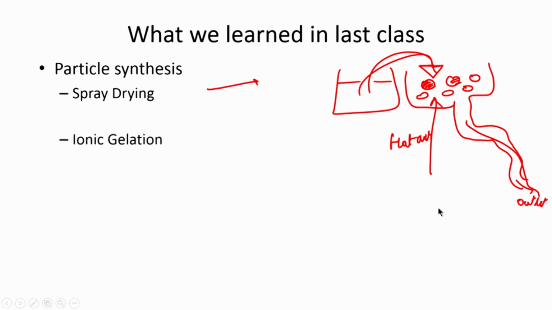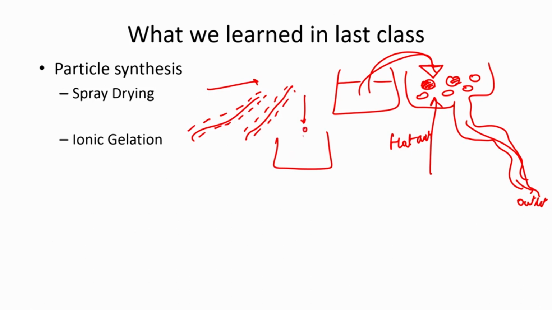Then we talked about ionic gelation, which is typically used for hydrogel. So, you have polymers which are highly anionic and contain lots and lots of anion charge, and then what you do is you put them through a nozzle, and you drop these droplets into calcium or other barium divalent ions.